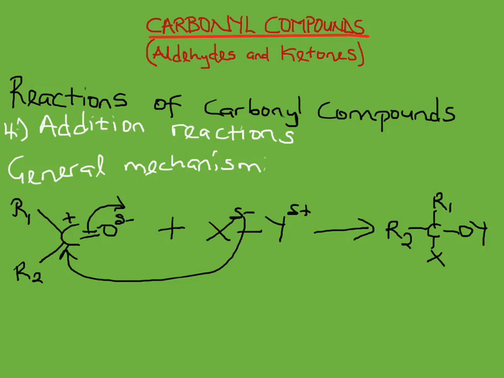You see that there's an arrow moving from the X ion to the carbocation. Also, an arrow moving from the oxygen ion to the Y ion. Note that X represents nucleophiles, while Y represents electrophiles.